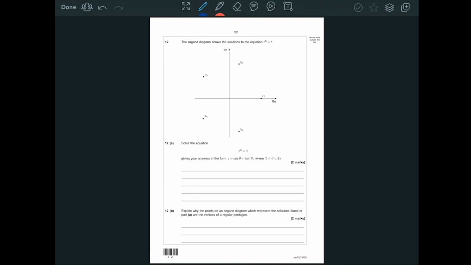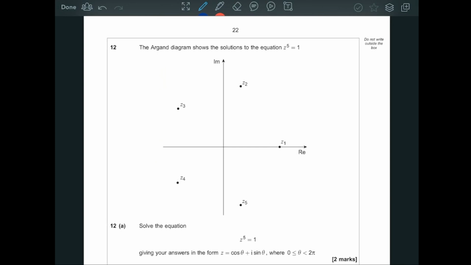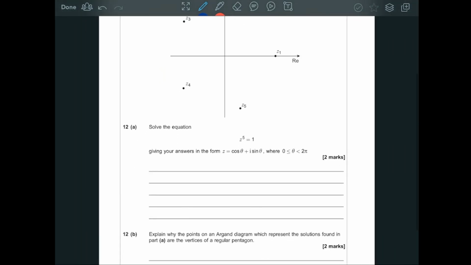Question 12. The final question on this paper. The Argand diagram shows solutions to z to the 5 equals 1. Solve the equation z to the 5 equals 1, giving your answers in that form.